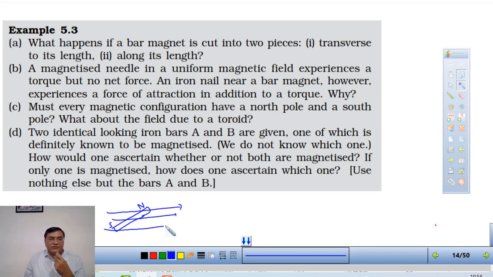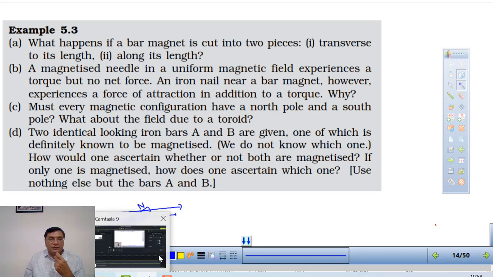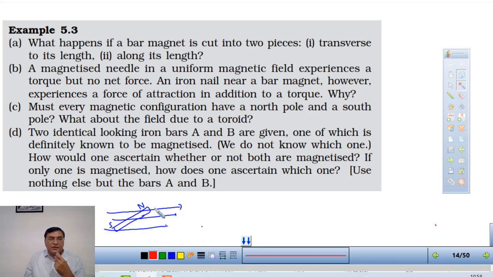The force experienced by the north pole is in this direction, and on the south pole it is in the opposite direction. Both forces are equal, as we know, because the pole strength is equal, but both are in opposite directions, so the resultant force is 0. But both forces are not collinear, so a torque is acting.